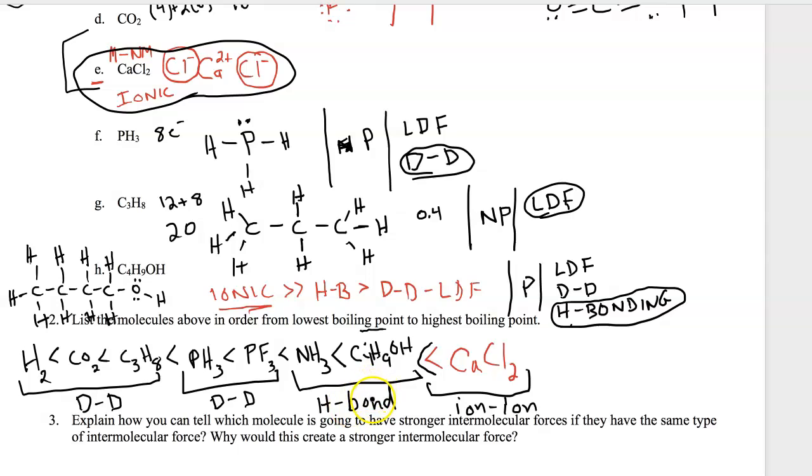They both have hydrogen bonding, but C4H9OH also has bigger London dispersion forces. It's just got more electrons. PF3 is bigger than PH3, so even though they both have dipole-dipole, well, that should say LDF. And then C3H8, CO2, and H2, those are in order of size. So within one group of intermolecular forces, the size has an effect.